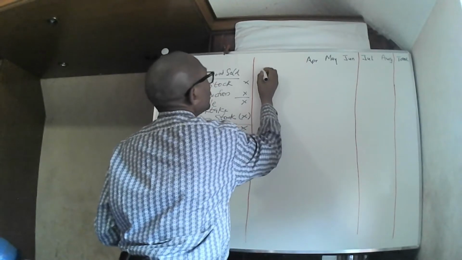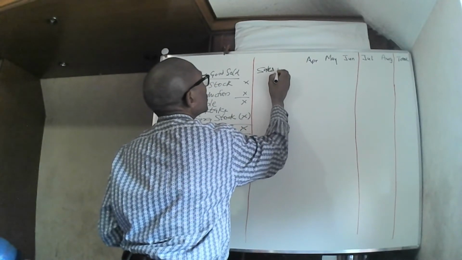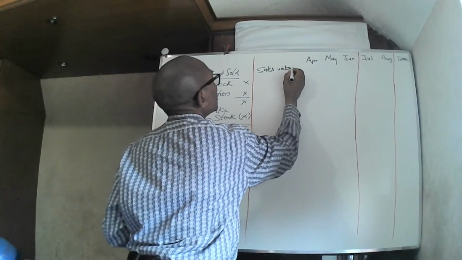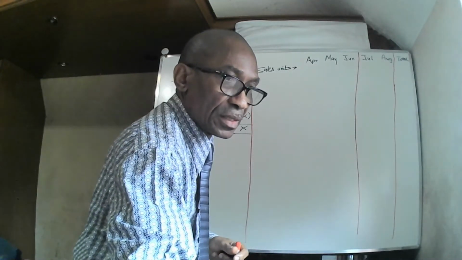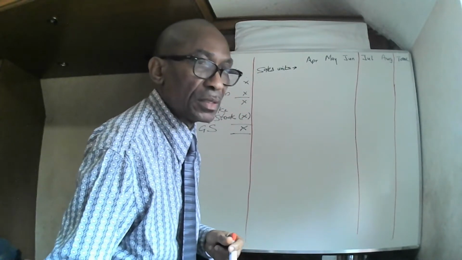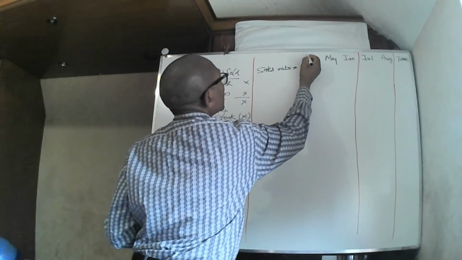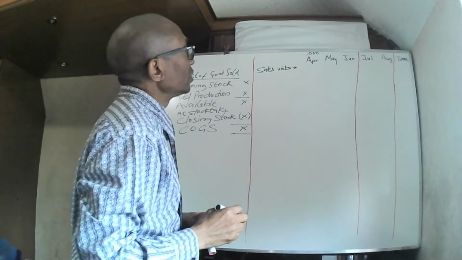So my sales unit as given: April is 20. I will do it in thousand, so I will not write so many figures here. It's in thousand.